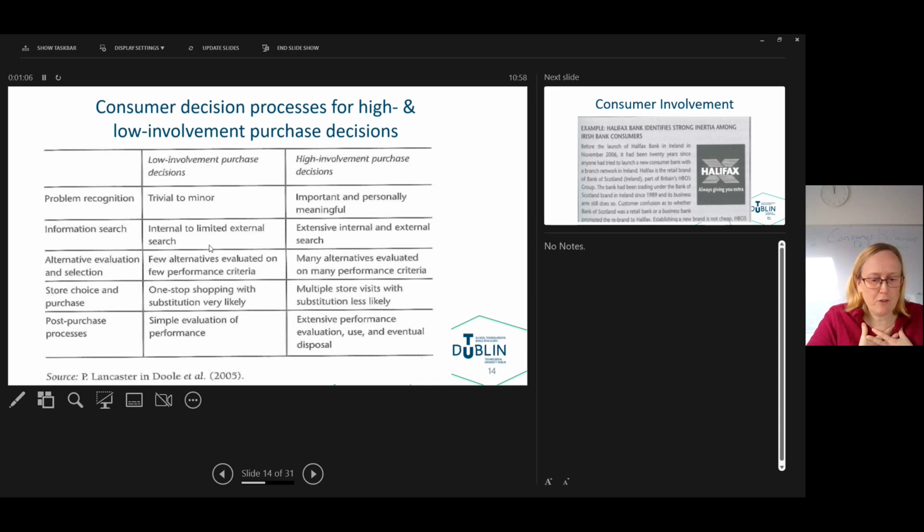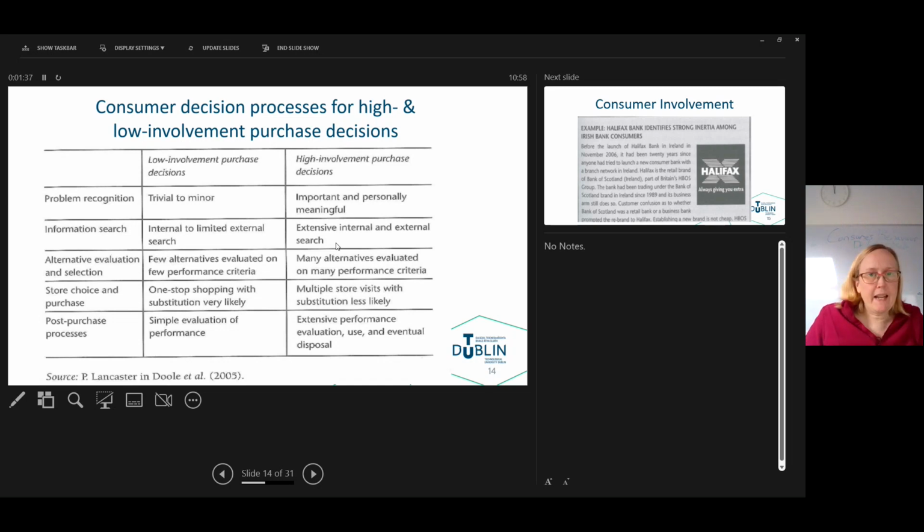So internal is all about your own experience. So your memory of how you got on before, whether that was good or bad, and whether passively maybe you heard about other things. So very limited external search. Whereas in high involvement, obviously, it's extensive internal and external search. So asking people, actively looking up reviews, actively looking up information.